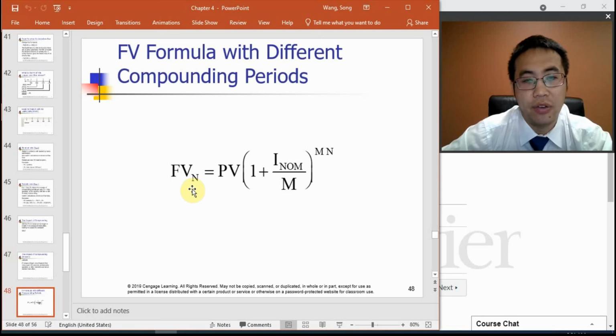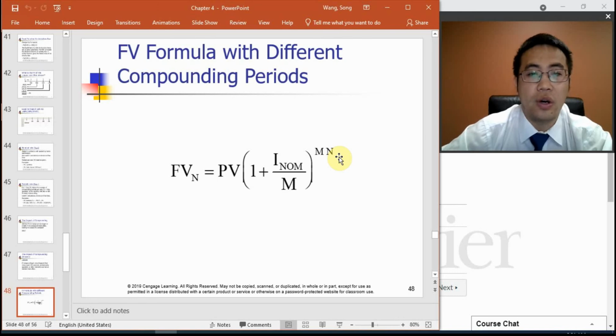And here is the formula to solve for the future value based on the same present value and the same nominal given quoted stated interest rate. And right here, the M stands for the frequency, and the N stands for the number of years. So if you use M times N, then this is the number of periods.